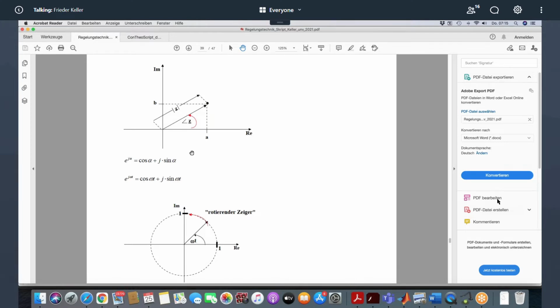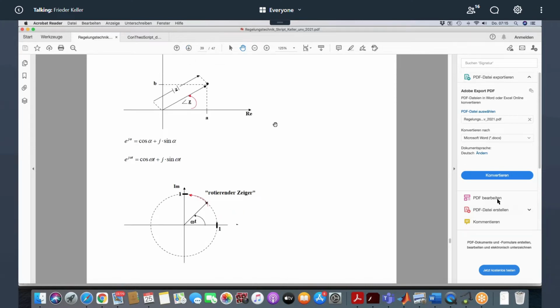So this number is always on the unit circle. And when alpha, the angle, is time dependent, then this number rotates in the course of time. We call it in German ein rotierender Zeiger. For some applications that is useful, and we have not referred to it so much, but nevertheless, I guess you have already heard about that.